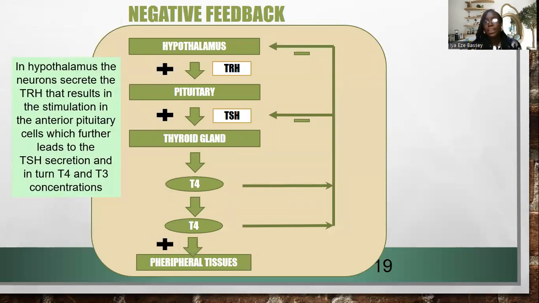Usually in a normal situation, the neurons in the hypothalamus secrete TRH, thyroid releasing hormone, which results in stimulation of the anterior pituitary to release TSH, the thyroid stimulating hormone, which will now act on the thyroid gland to increase T3 and T4 secretion, thereby increasing the body's T3 and T4 concentrations.